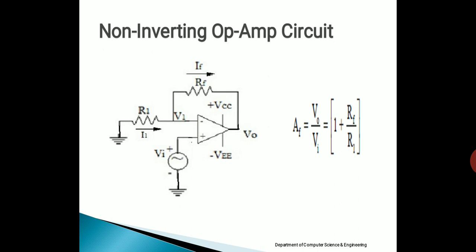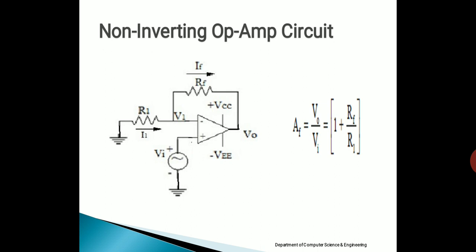One important thing that you should remember here is that the resistances R1 and RF are unchanged. They are in the same place for both the inverting op amp circuit as well as the non-inverting op amp circuit. The only difference, as I already told, is that the input which was connected to R1 and the inverting input terminal is now connected to the non-inverting terminal of the op amp as shown here.